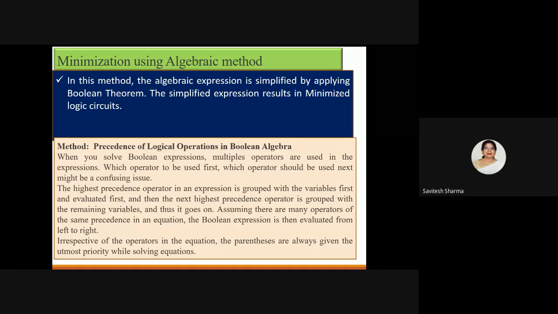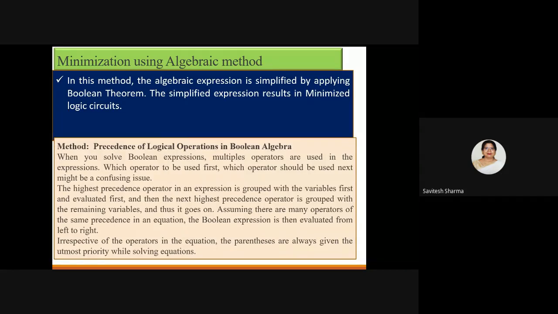As input you will have a Boolean expression, and you simplify it by applying Boolean theorems, which you have already studied, to the complex algebraic expression. Once you get a simplified expression, it will result in a minimized logic circuit. I am repeating, the algebraic method is used to get the simplified expression.